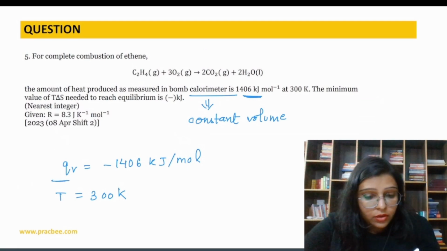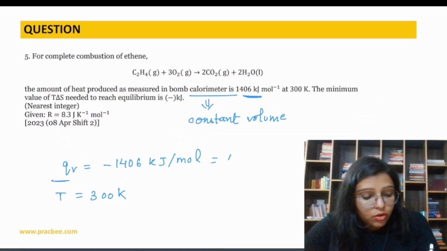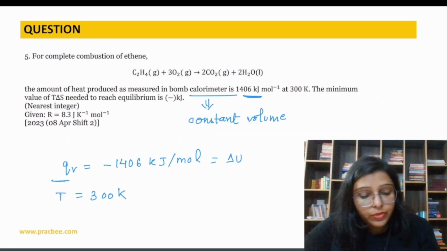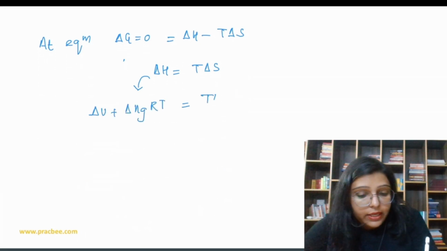QV we can also write as delta U, heat at constant volume is the change in internal energy. Now delta H we can write as delta U plus delta ng RT, which is equal to T delta S.